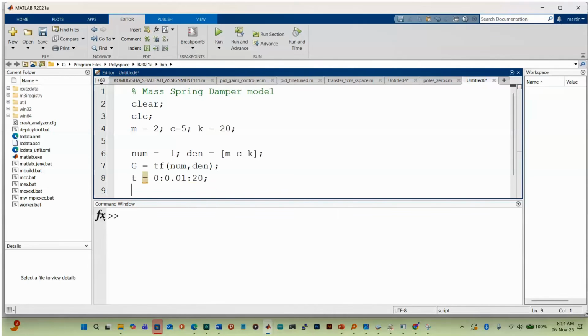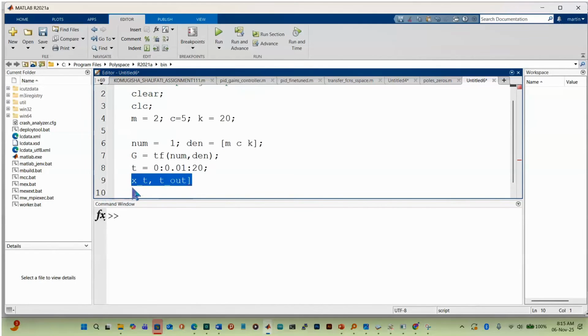Next, we need to define that we are giving it a step input. So let's say y, which we can define as x of t, comma, then t out.